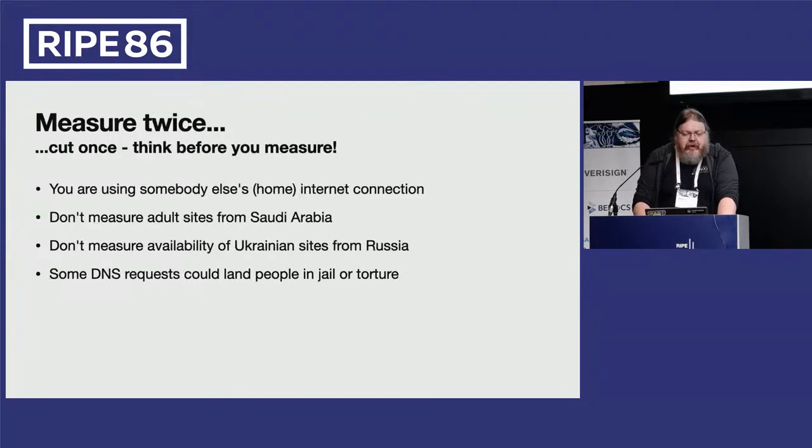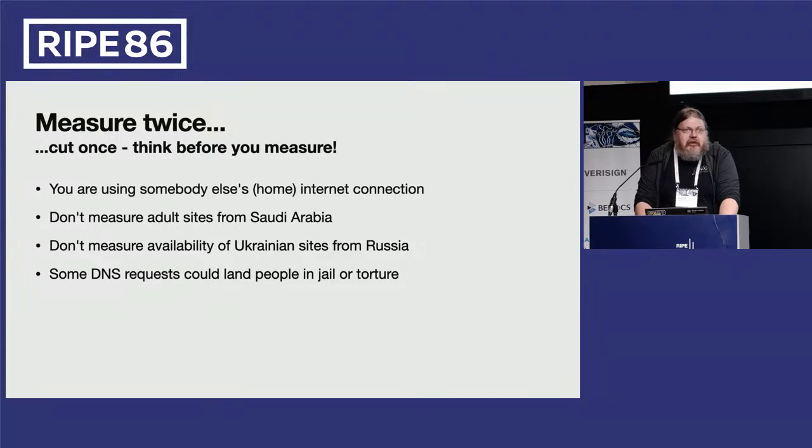There's the bit of an ethics question in measuring. So you have to think before you measure. Doing some specific DNS tests from states like Saudi Arabia might not be the best idea and might actually get people in trouble.